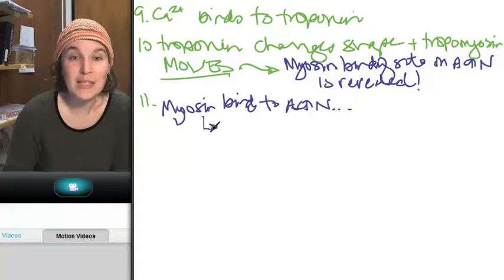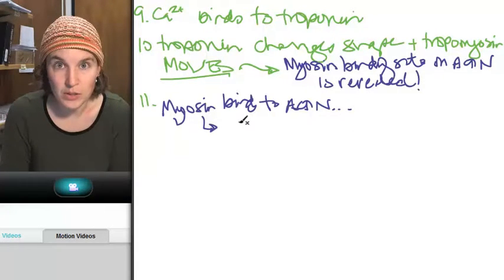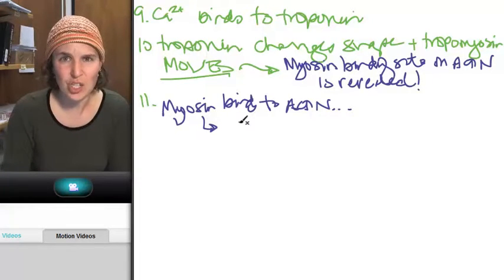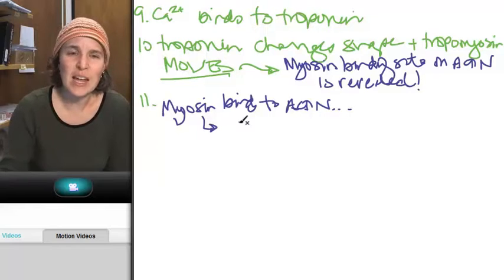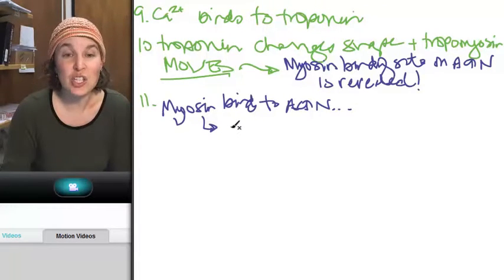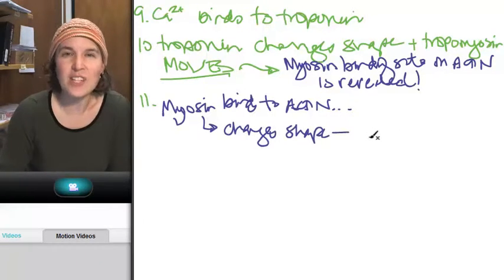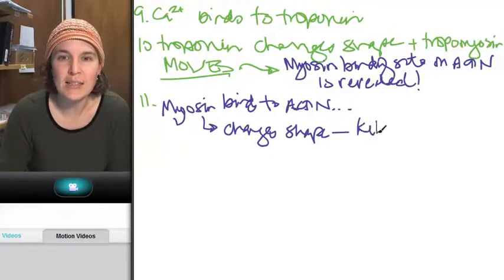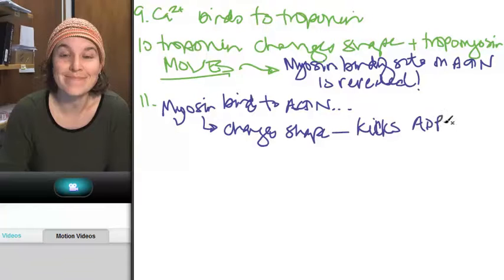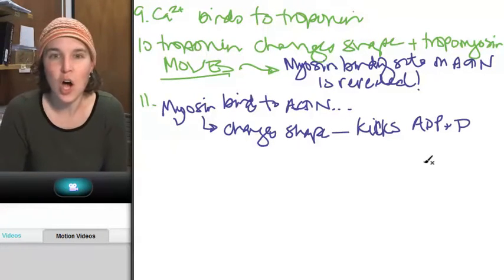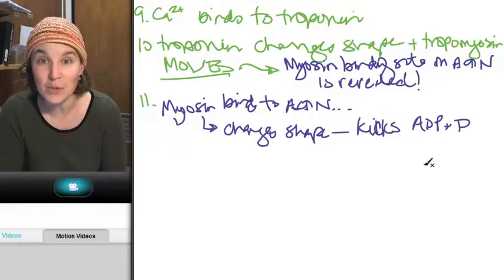When myosin binds to actin, just like normal, we have a shape change. There's a couple things that happen. Myosin changes shape, and the shape change kicks who off? ADP plus P gets kicked off of the myosin molecule.